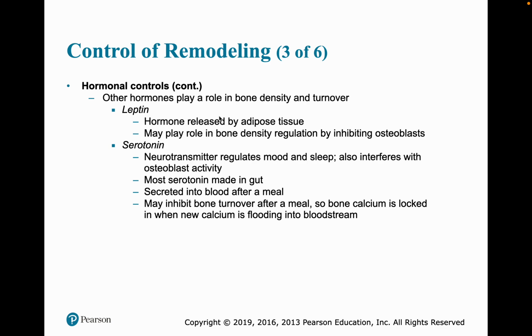Serotonin is a neurotransmitter that regulates mood and sleep. It also interferes with osteoblast activity. Even though it's a neurotransmitter, it may surprise you to know that most serotonin is made in the gut. It's secreted into the blood after a meal, and that may inhibit bone turnover after a meal so that calcium can remain in the bones if there's new calcium coming in from the diet.